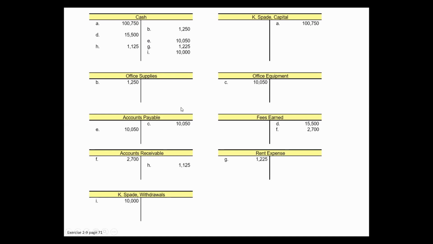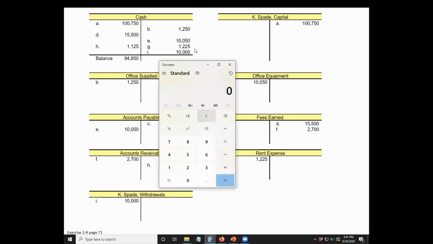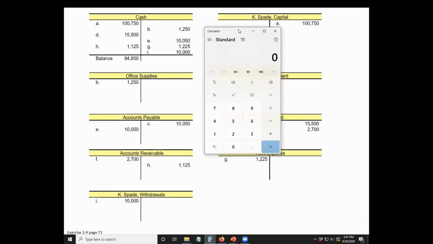So we see here the different ones. So I'll help you. We'll go through here and we'll add up the balances. So cash, we had credits.